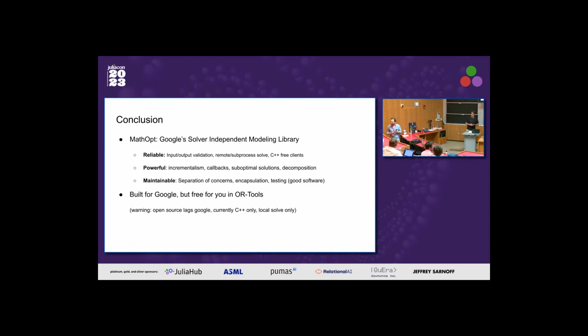So, question. You just mentioned some decompositions that you are doing that help with solving those large problems faster. Can you say something about that? Okay, so I think the canonical reference that we have for a big problem where we did a better job with decomposition in MathOpt is that Google has a partnership with Lufthansa, where they have to solve an operational problem: there's a disruption in the schedule, you have planes, you have passengers, and you have crew.